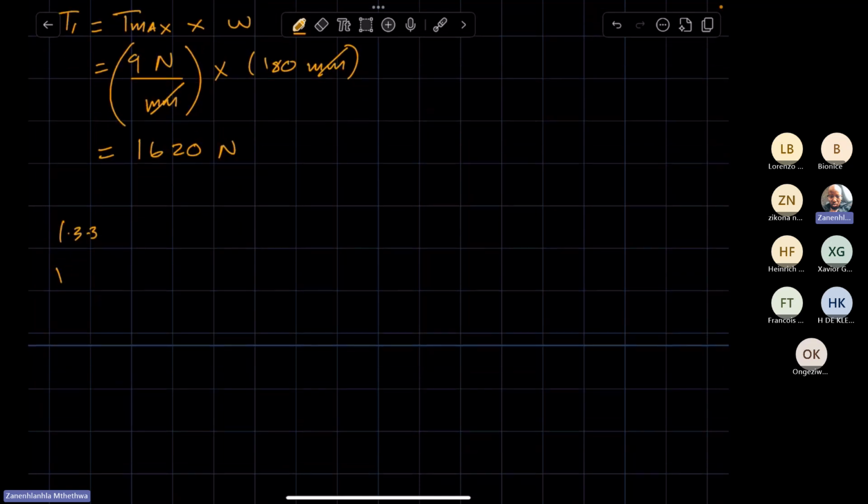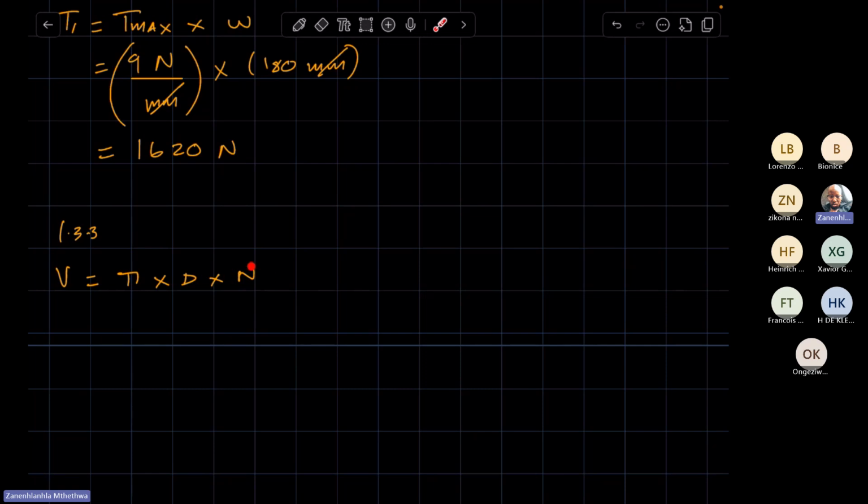Now, as far as V, we know V is equal to pi times D times N. Here we've been given the velocity. We have the diameter of the pulley, and they want us to calculate the pulley's rotational frequency.